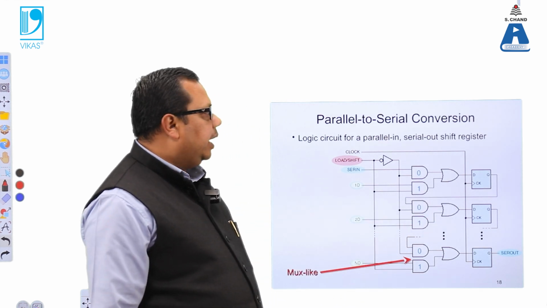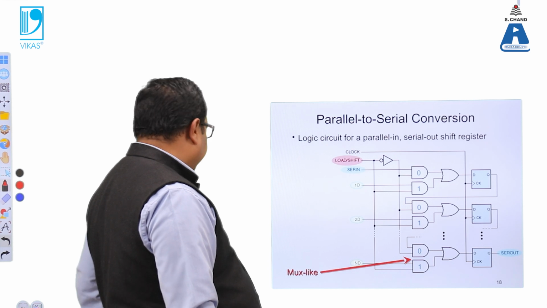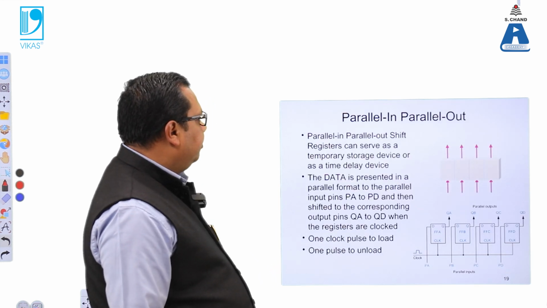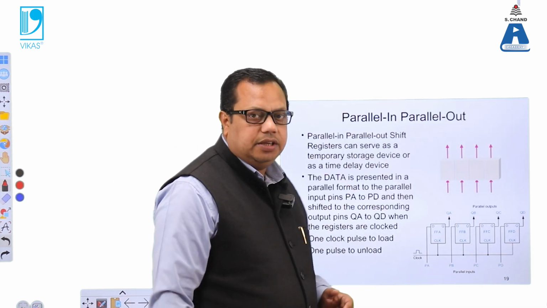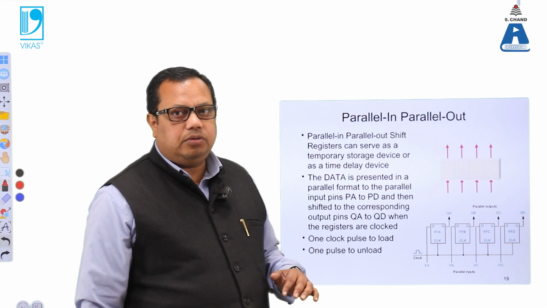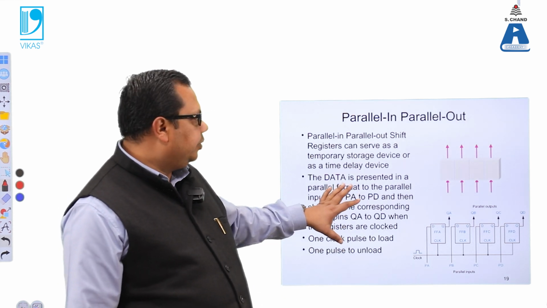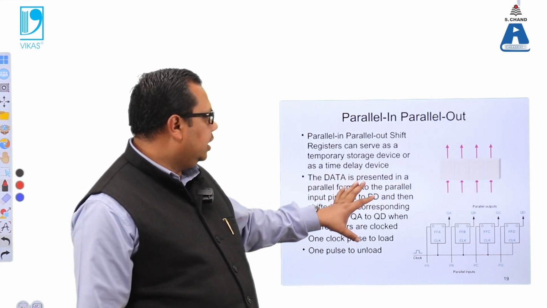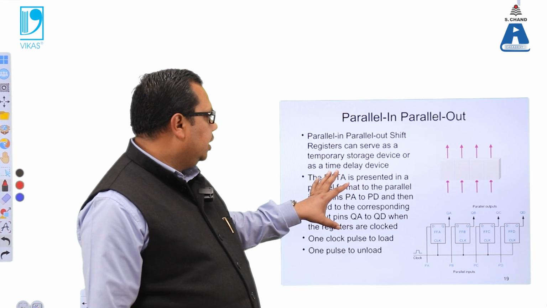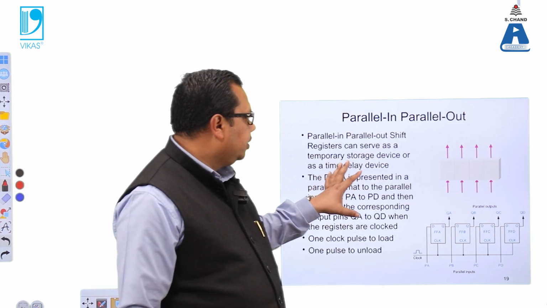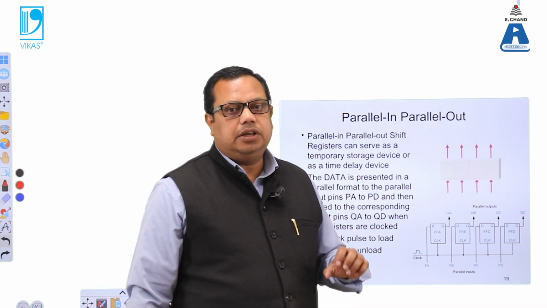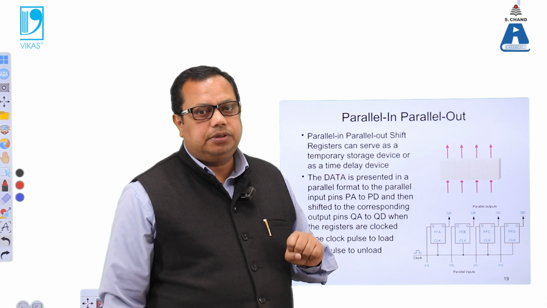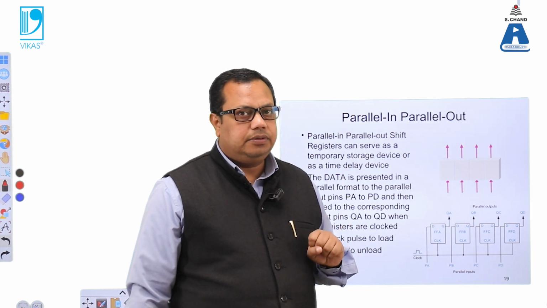So this is parallel to series conversion here. Then we have parallel in, parallel out. As we know, parallel in, parallel out is basically when the data is allowed from a temporary storage and the time delay devices. This is basically the study of registers for the time delay devices.